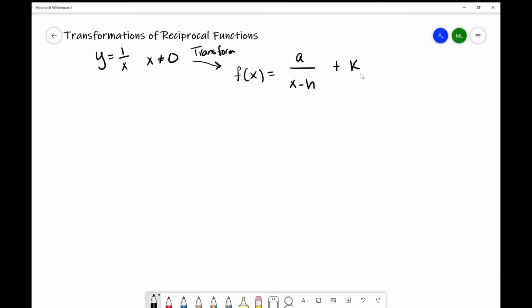So these are the possible transformations that can happen to the parent reciprocal function. So a represents the orientation or shape. All right, let me write a to the side here. So a represents orientation and shape.